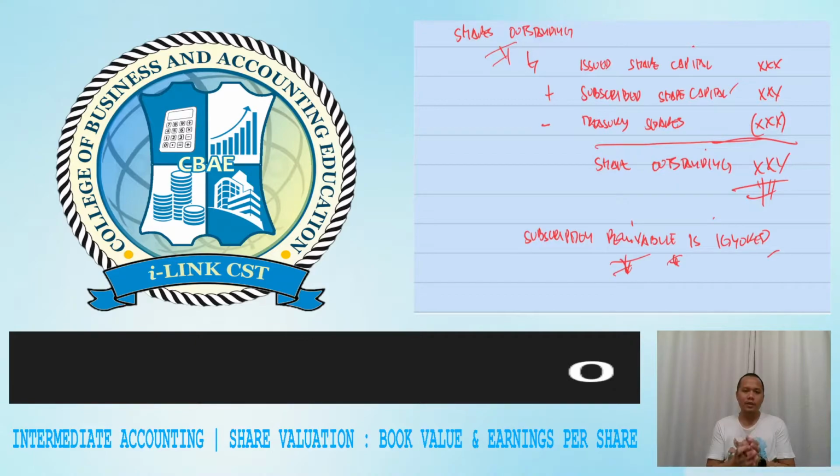That is why kahit hindi pa siya fully paid, it is as if it is issued, to have a conservative computation for our book value. That is why it is ignored. Okay? So remember that, ha?